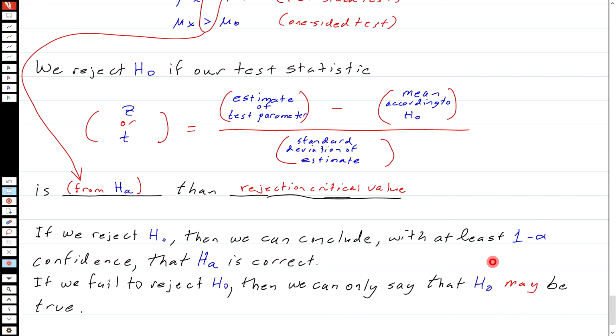If we do reject H naught, then we can conclude with at least 1 minus alpha confidence that HA is correct. If we fail to reject H naught, again, I'll emphasize this, then we can only say that H naught may be true. We have not proven it to be true, and it cannot be accepted. The test does not prove H naught, it can only prove HA.